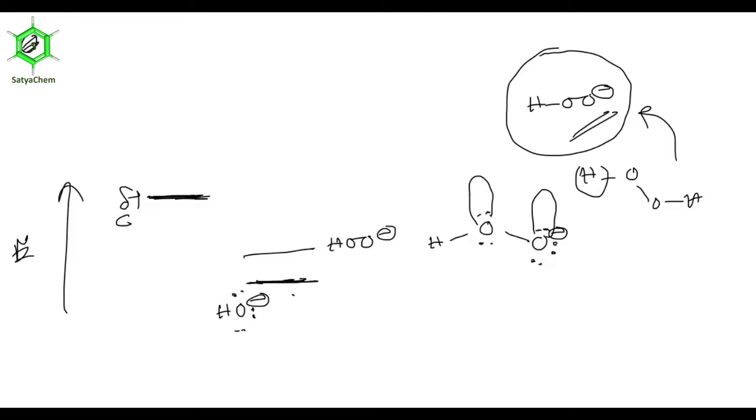Now think, which is higher: the energy difference between C delta plus and HOO minus, or between C delta plus and HO minus? Obviously the energy difference between C delta plus and HO minus is higher. So the possibility of bonding will be higher between C delta plus and HOO minus.